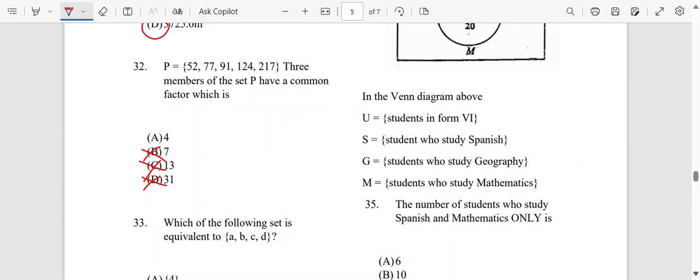Three members of the set P have a common factor. We know that this has 4. 124 divided by this is common.